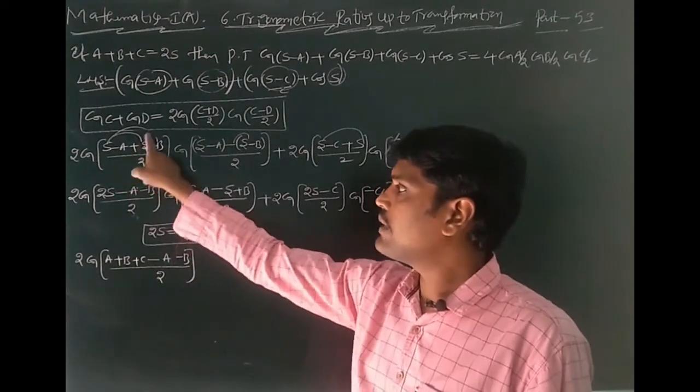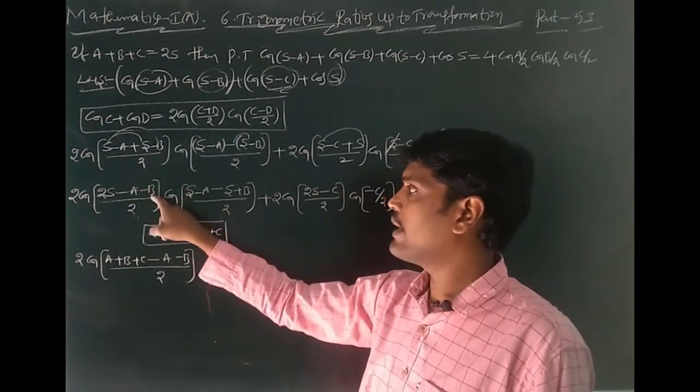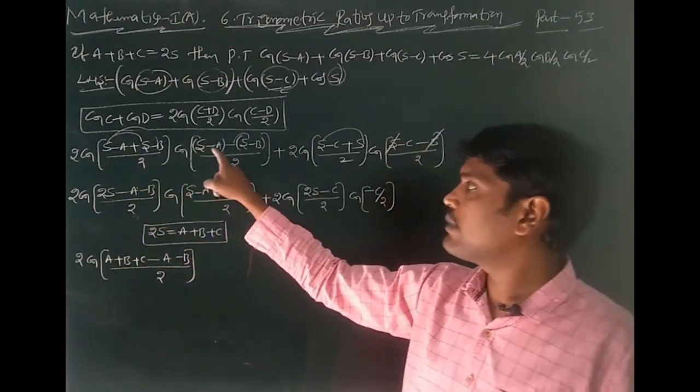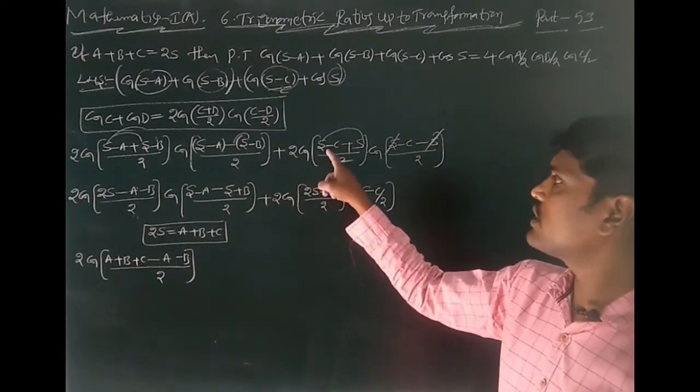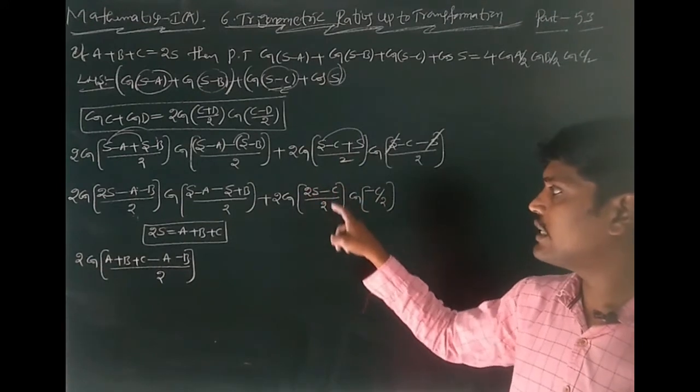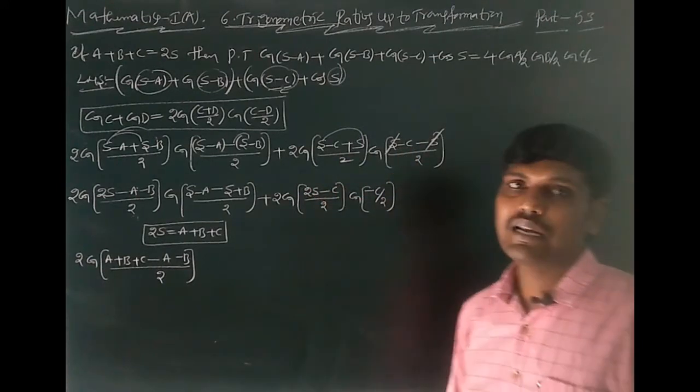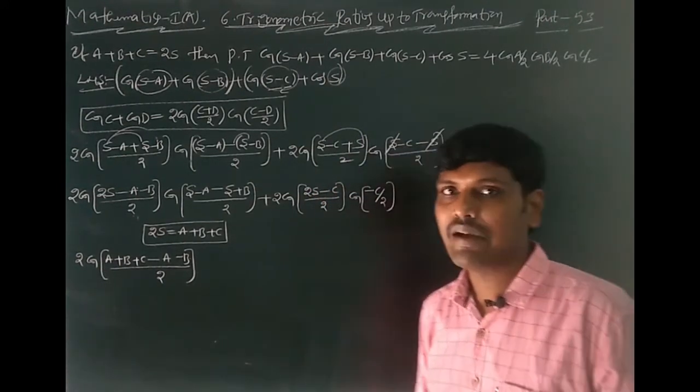After that, s plus s gives 2s minus a minus b by 2, cos of s minus a minus s plus b by 2, plus 2 cos of (s plus s minus c) by 2 into cos of (s minus s) minus c by 2, where s minus s gets cancelled.